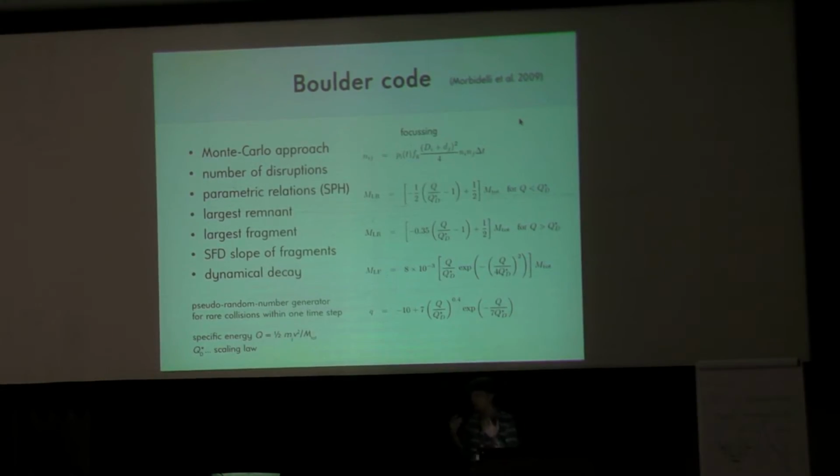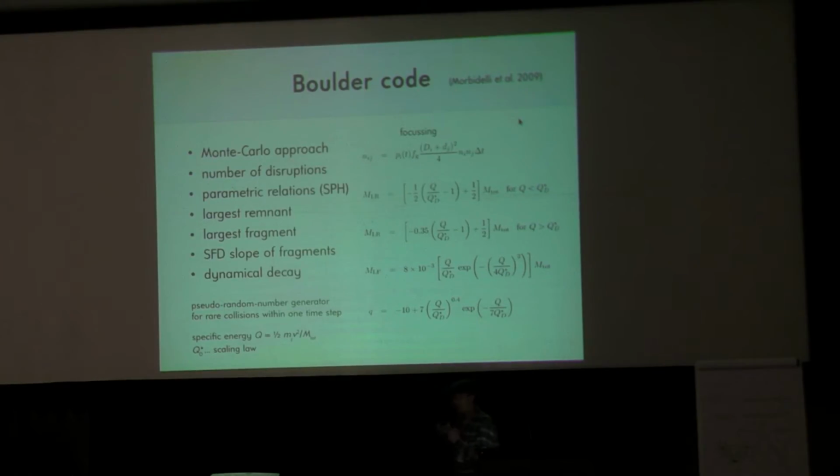Then you need to plug in a calculation describing, most importantly, the fragmentation of objects: the size frequency distribution of fragments. And this is described most importantly by the mass of the largest remnant. That's the next Q formulae.